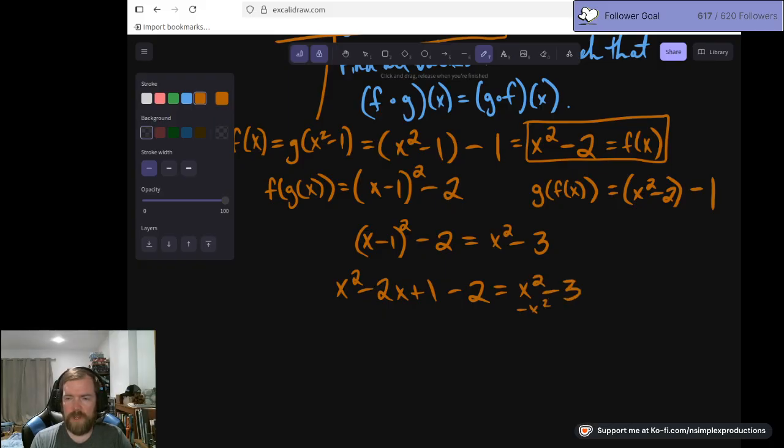We're going to subtract an x squared off from both sides. On second thought, yeah, it's fine. We'll add 2x, and we'll add 3.